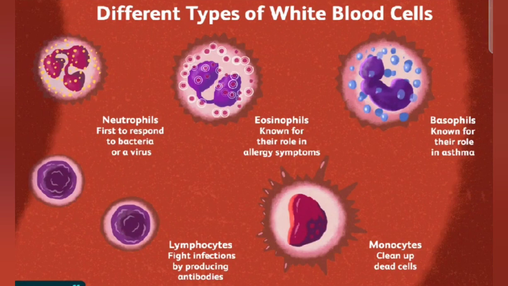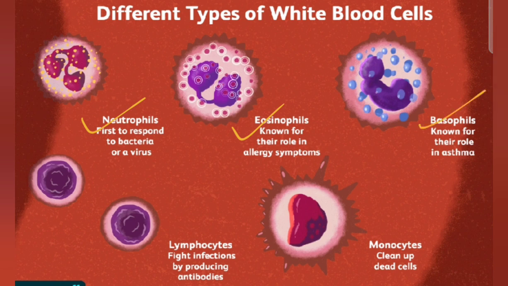In my previous video we discussed neutrophil, its structure, how many lobes are there and its function. Also eosinophil, its structure, number of lobes and its function. Next, let's move on to the third type of granulocyte, which is basophil.